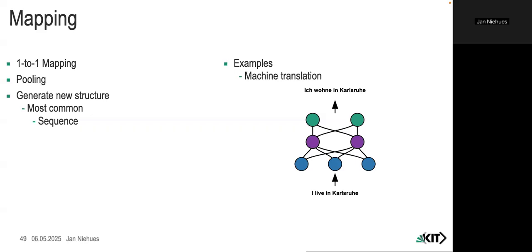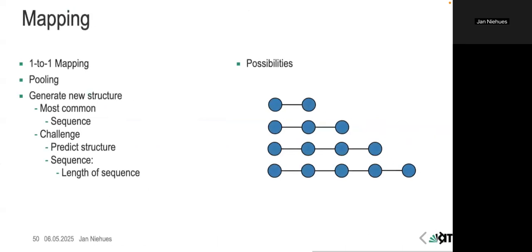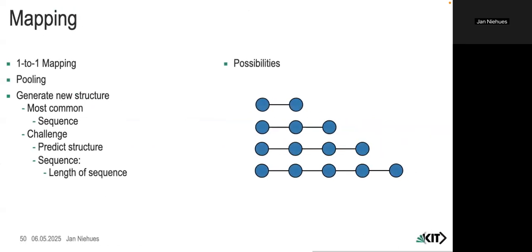And if you think about that, there are different types of challenges with that. The main additional challenge is that we not only need to predict the content now. So you not only predict, oh, the third word is I, the fourth word is walk, and so on, but you also need to predict what type of structure you want to have.